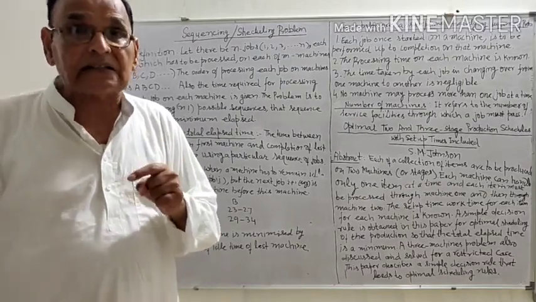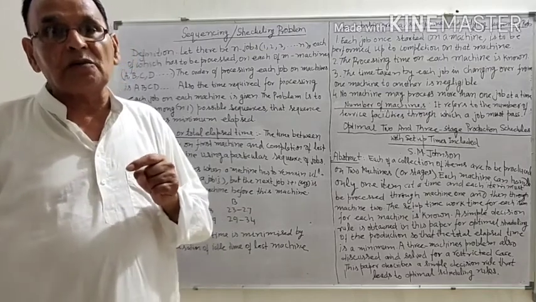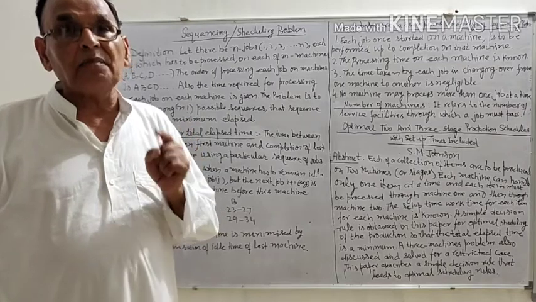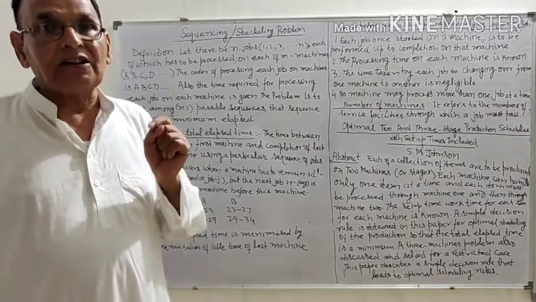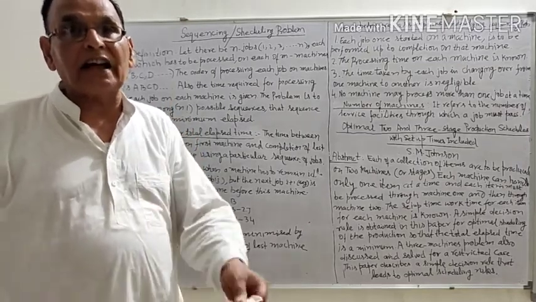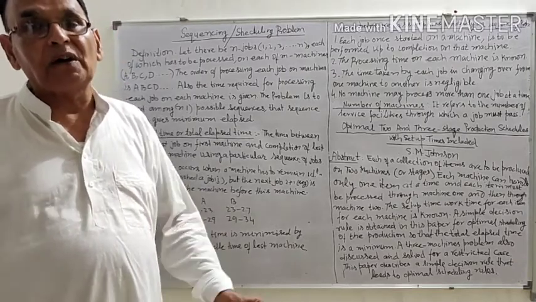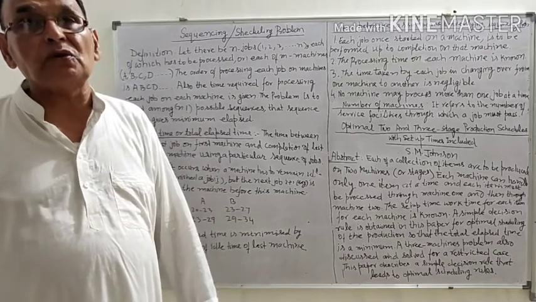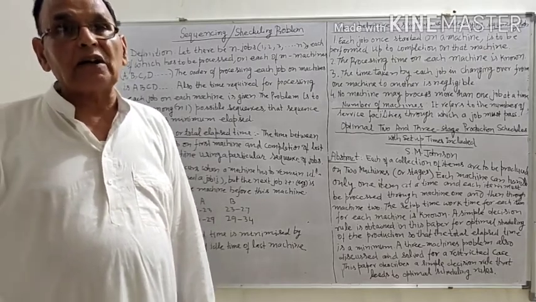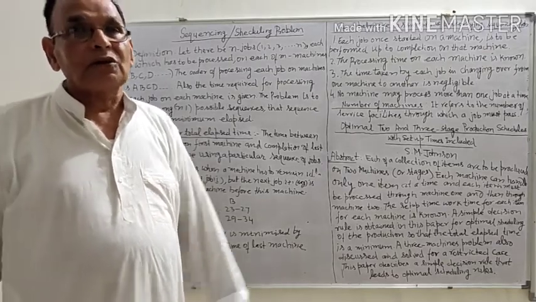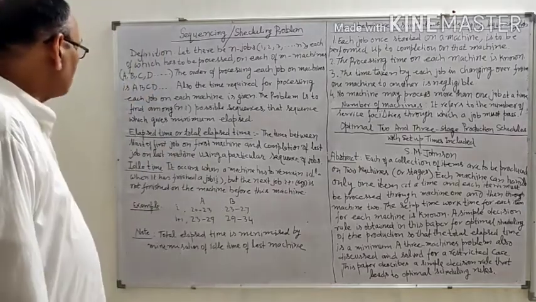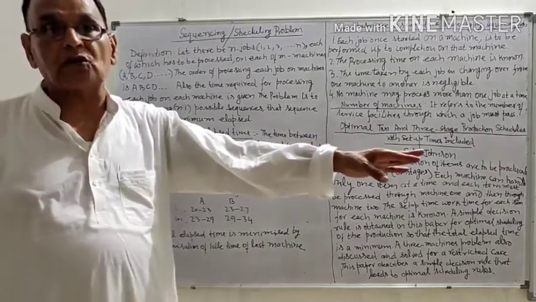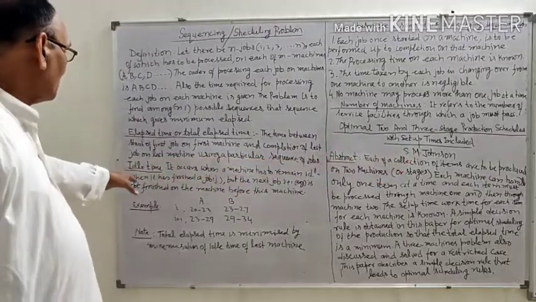If it is an n jobs two machine problem, then it will be the time between the start of first job on machine A and completion of last job on last machine according to a given particular sequence. So now we define this elapsed time. I have defined it; sometimes we call this elapsed time as total elapsed time also.